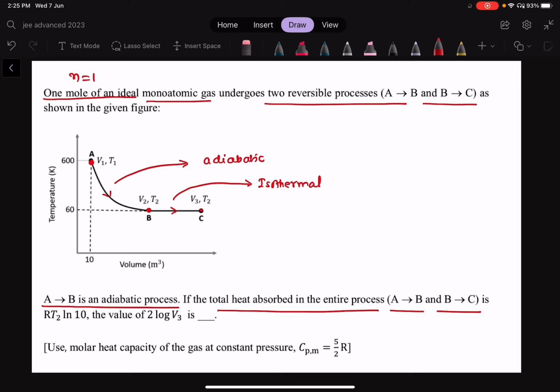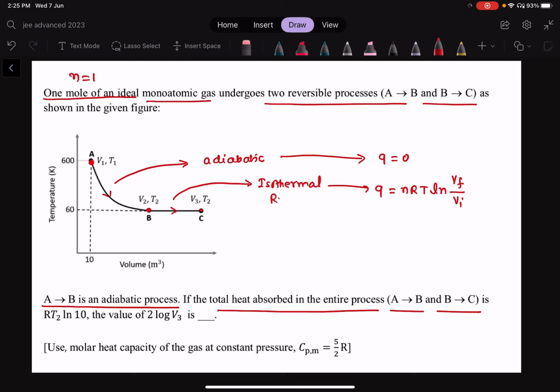So since it's an adiabatic process, we can say Q will be equal to 0, and since it is an isothermal process, Q will be equal to nRT ln of final volume by initial volume, that we know from the formula.